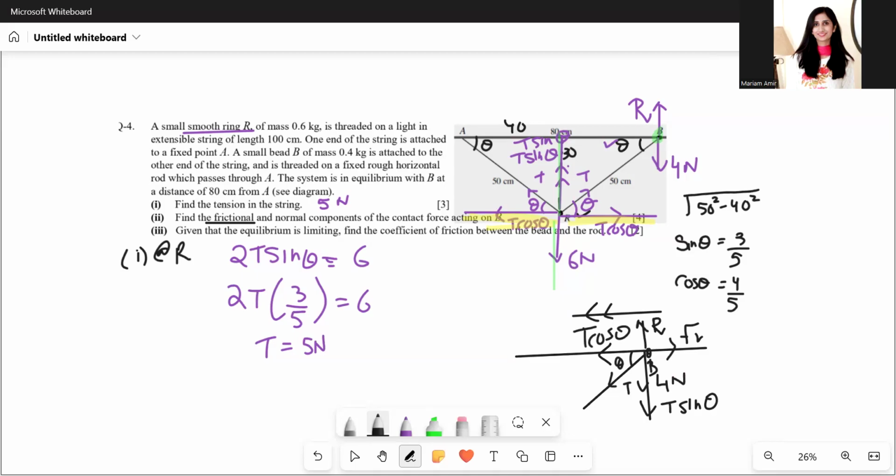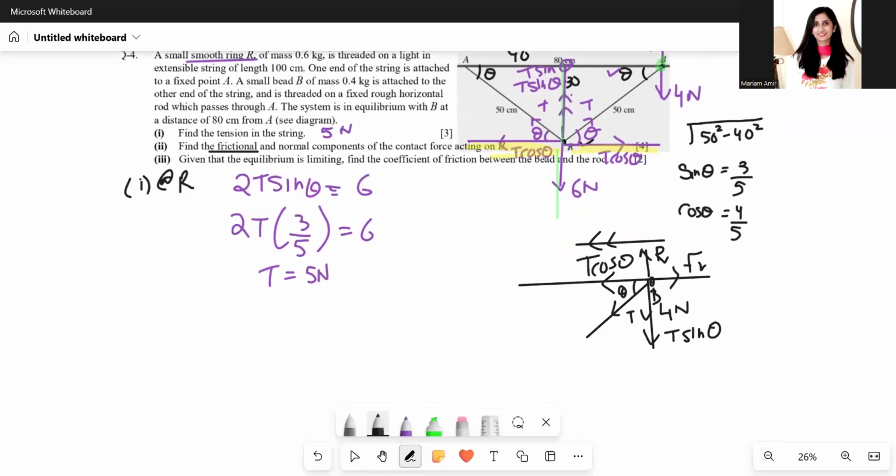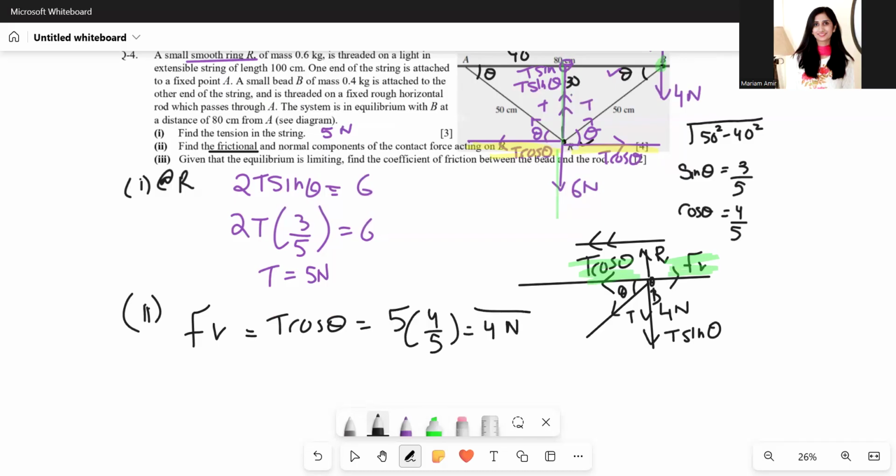Okay, now we need to find both friction and R. Let's find friction first. Friction is balanced since the system is in equilibrium. Left force is equal to right force. So that would be T cos theta. T is 5, cos theta is 4 by 5, so friction is coming out to be 4 newtons.